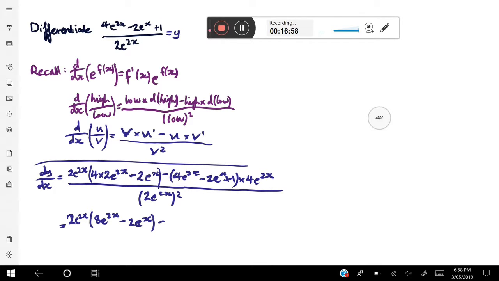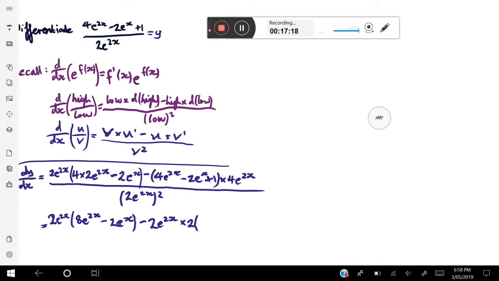Minus, alright, so for the 4e to the 2x here, you can rewrite it as 2e to the 2x and then times 2. That's just the same as 4e to the 2x. I haven't changed anything. And then rewrite that bracket: 4e to the 2x minus 2e to the x plus 1.